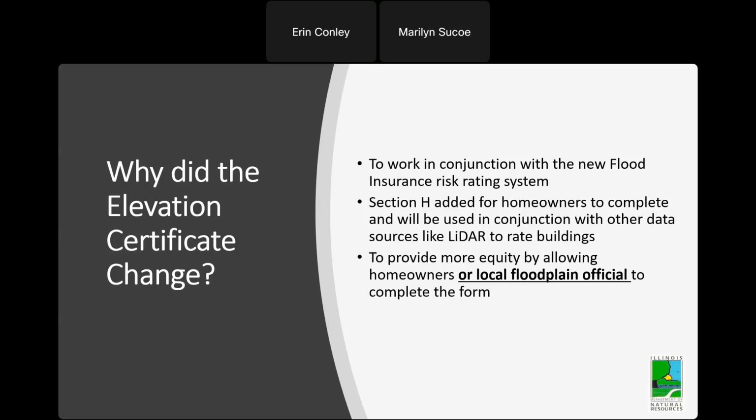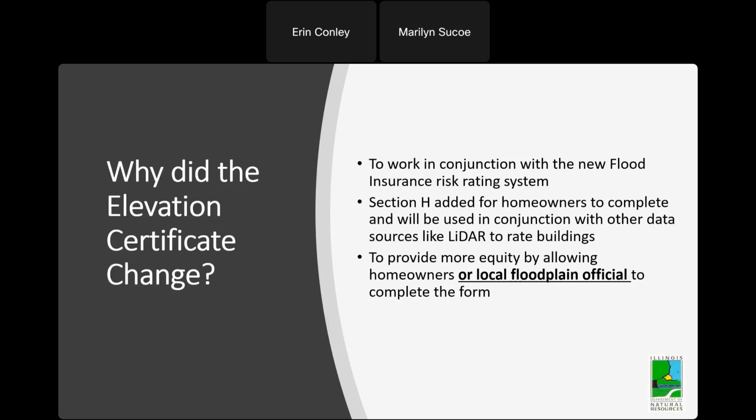And so it works with the new rating engine being used for flood insurance. And it also is allowing for more equity, in that we all know elevation certificates are extremely expensive to have completed by a surveyor.